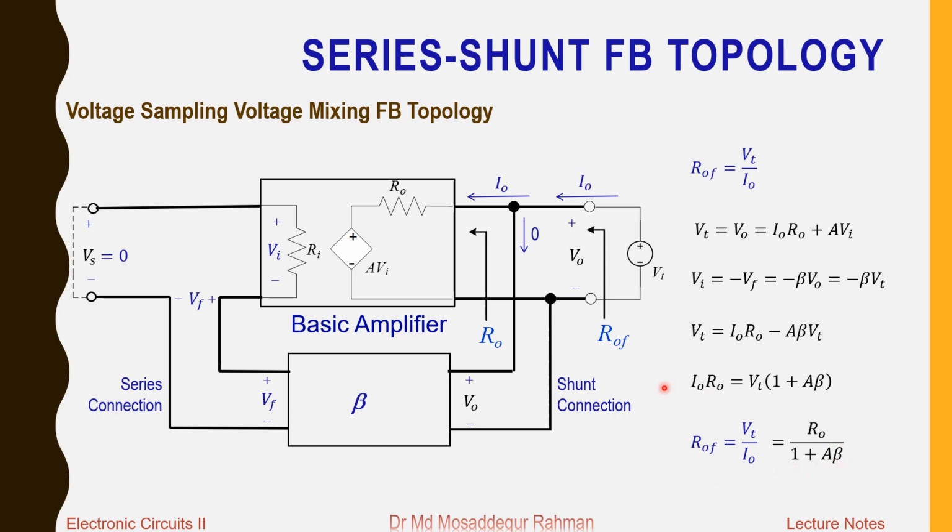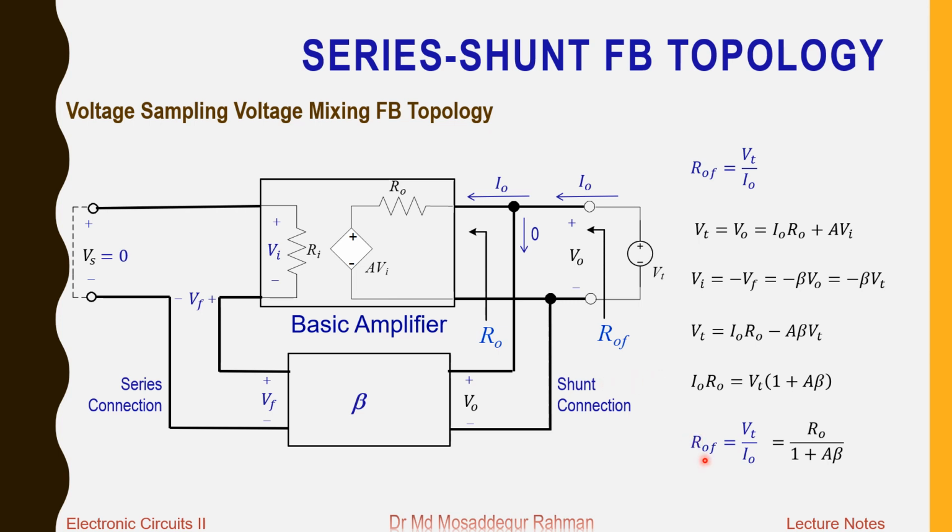Note that the connection type at the output side is a shunt connection, and as we said in our last slide while deriving the expression for the input resistance, if the connection is series, it will increase the resistance, and if the connection is shunt, then it will decrease the resistance, whether at the input side or at the output side.